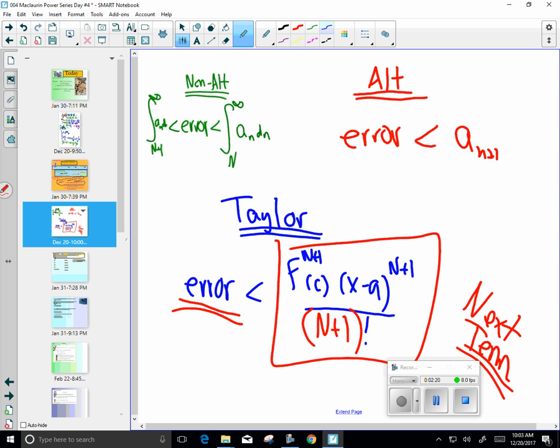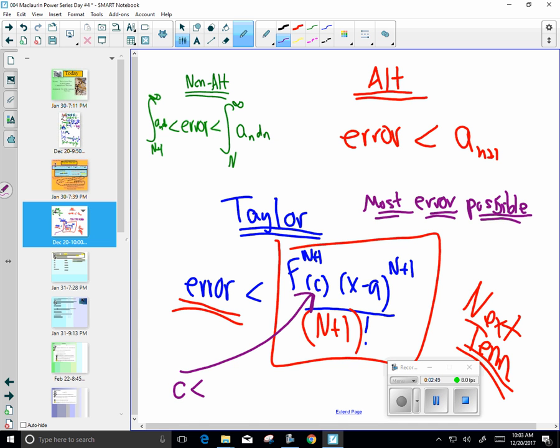Well, there's a couple hard things about it. One is we have to take the next derivative to get the next term. That's one thing. But also, Kurt noticed it right away. There's a little dilemma. And the dilemma is we want to estimate the most error possible. The most error possible is going to come from one of two extremes.